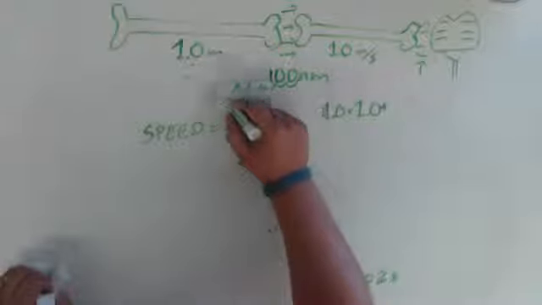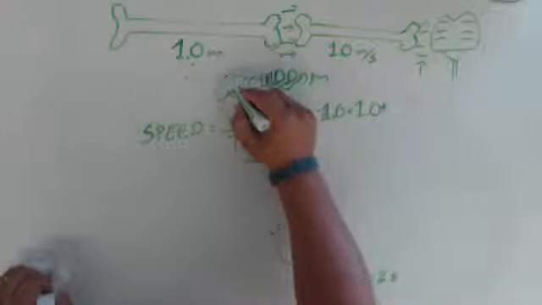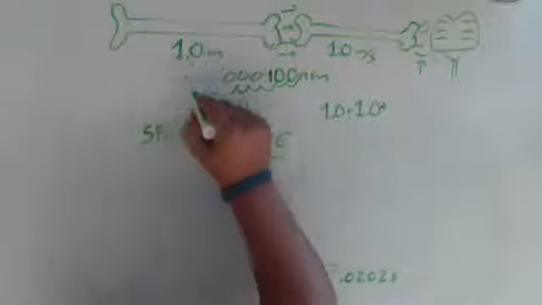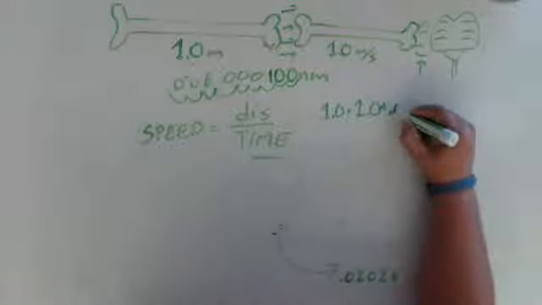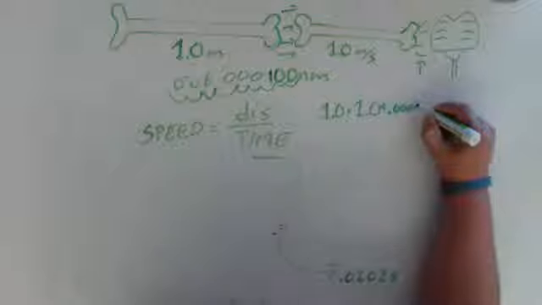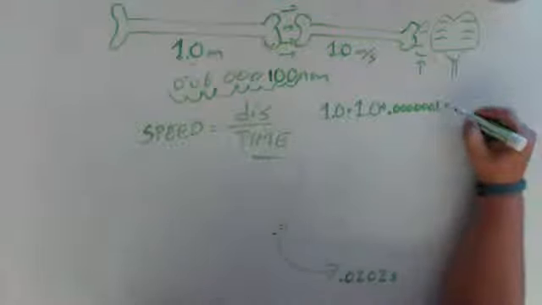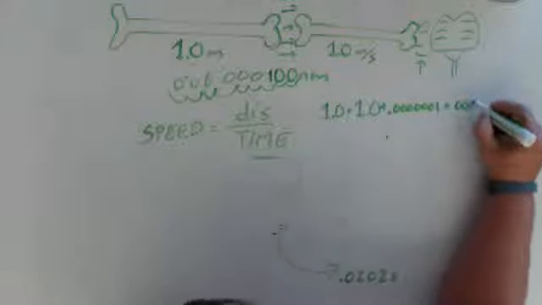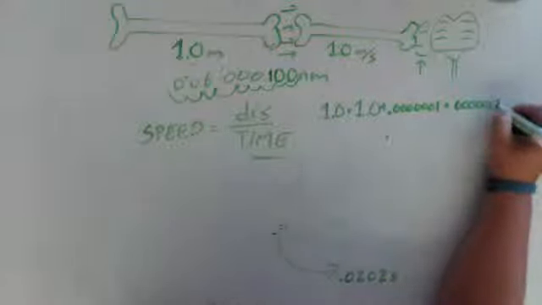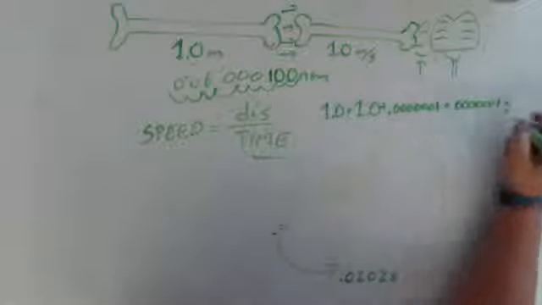1, 2, 3. Oops, sorry, it's not 10 to the negative 6, it's 10 to the negative 9, isn't it? 1, 2, 3. So there's 9 places. So you end up with 0.000001 plus I got one, 0.00001 meters.